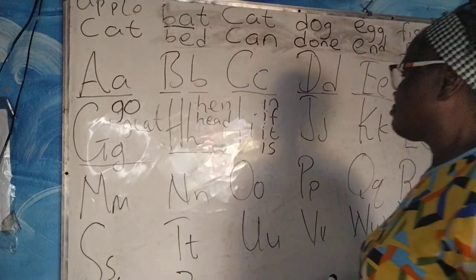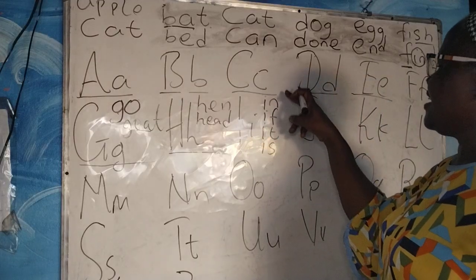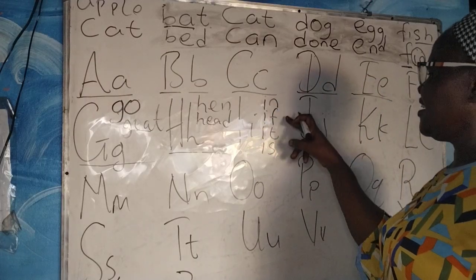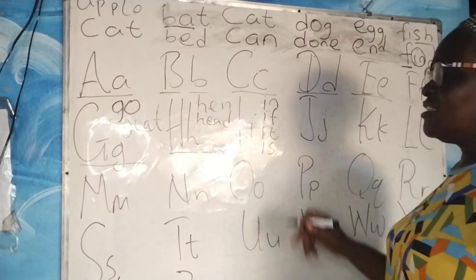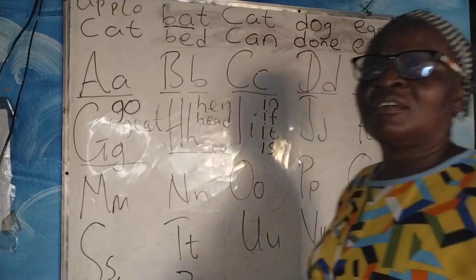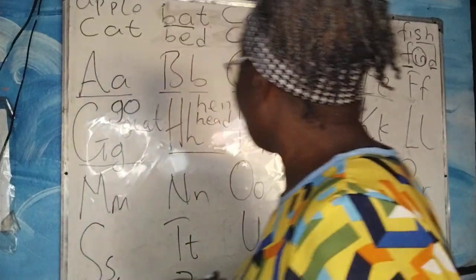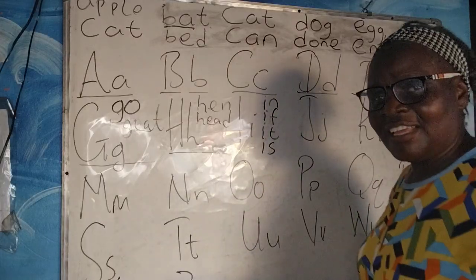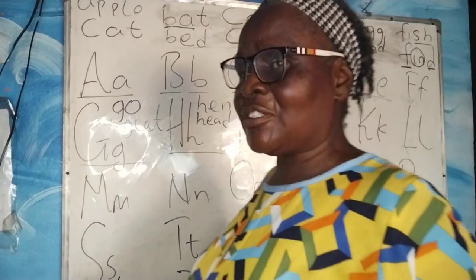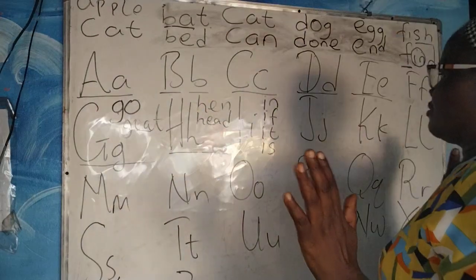Letter I as in if, eat, is. You have it in other words like insects, inside, and so on and so forth. So anywhere you see letter I, what should come out of your mouth is E, then you continue, and so on.